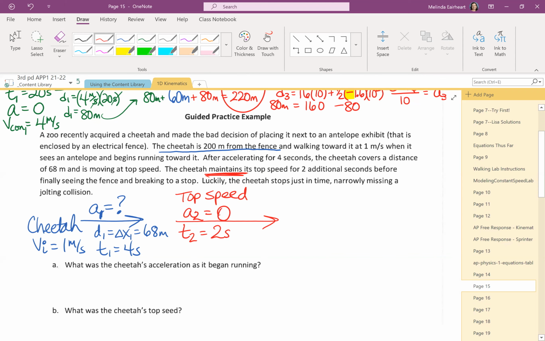And then sees the electrical fence, so begins to slow down. And by the way, I'm drawing single arrows. You could draw your velocity arrows shrinking in size. Okay, as you read through your e-textbook, hint, hint, wink, wink, right? Read the book, it's never a bad thing to do.